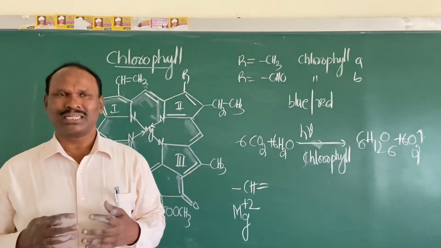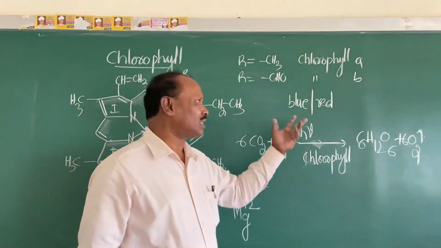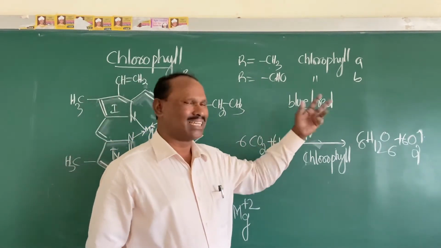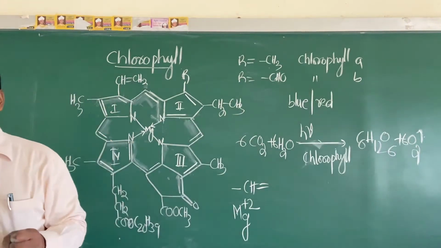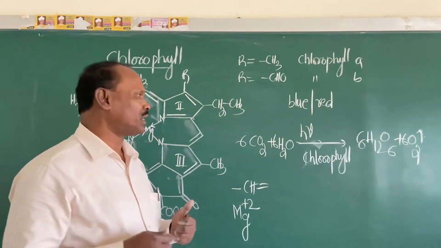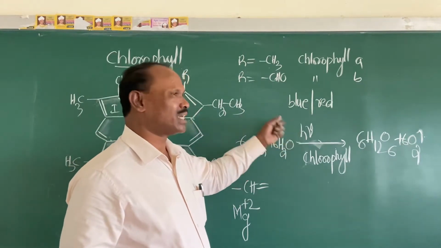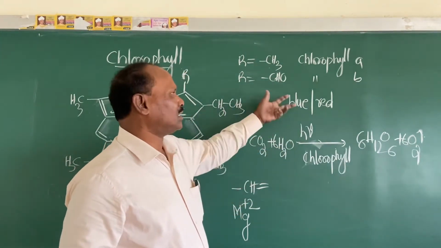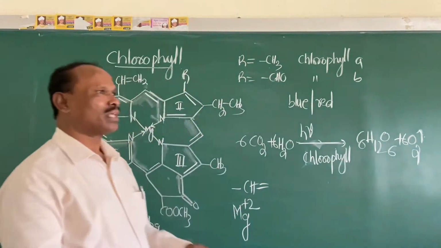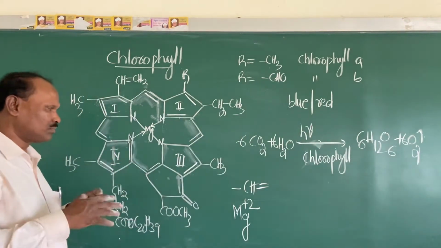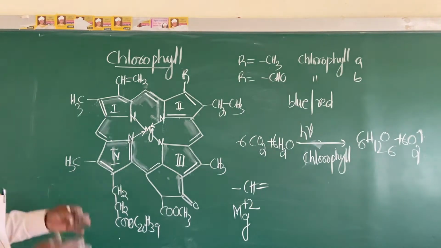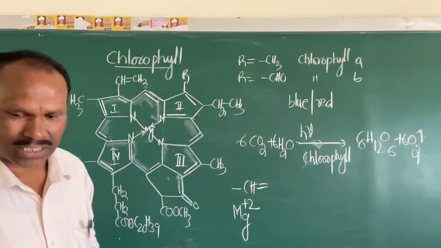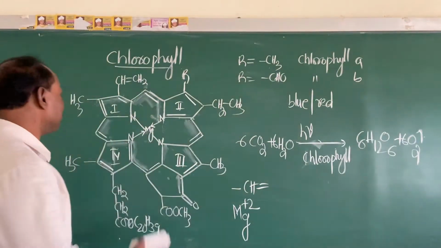Followed what I am telling? The complementary color for blue and red is green. So the plants appear green because the chlorophyll absorbs which radiations from the sunlight? The blue and red radiations. So this is how you can explain the chlorophyll structure and its functioning if it is asked in the examination.